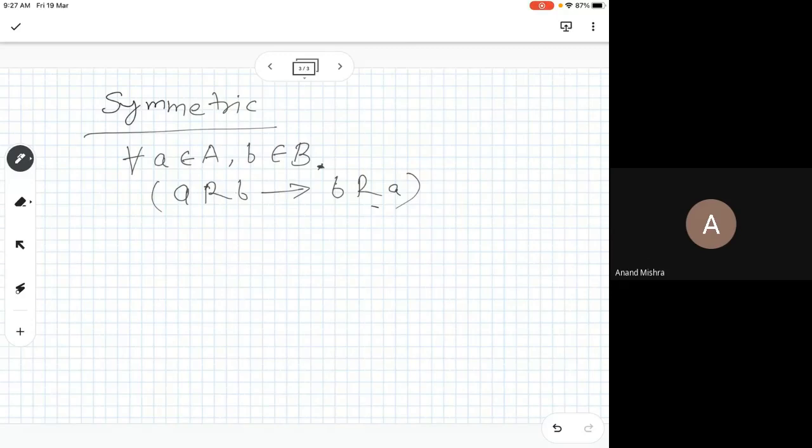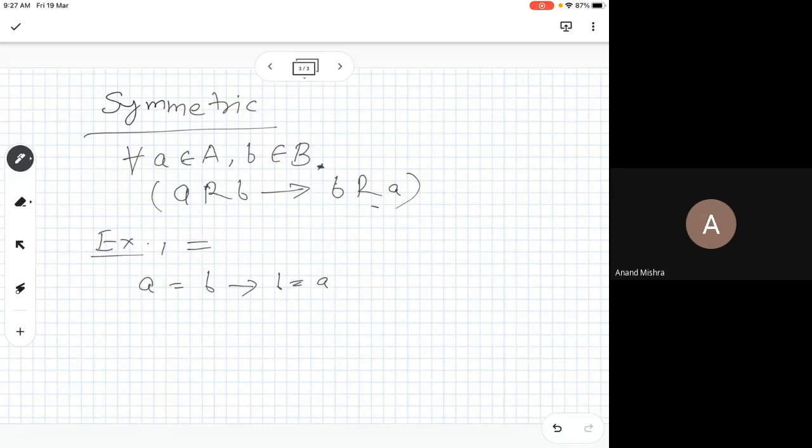An example of this is equal to, right? If equal to is the relationship, then you know that if a is equal to b, that implies b is also equal to a. So equal to is perfectly fine. What about less than?